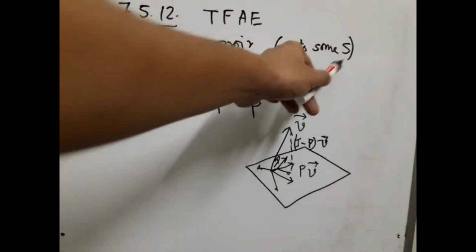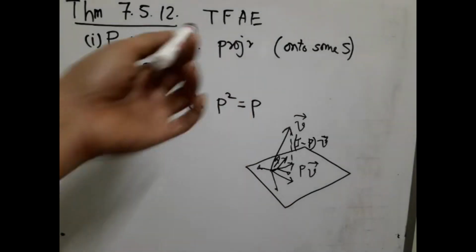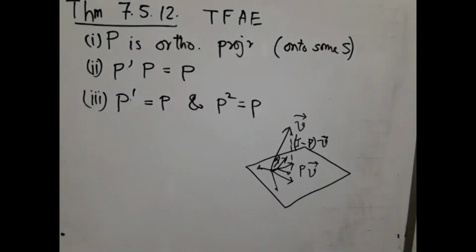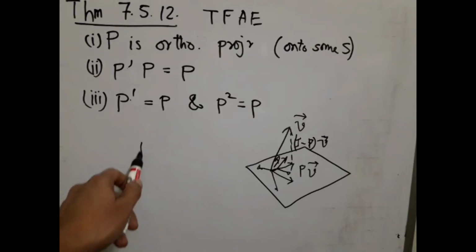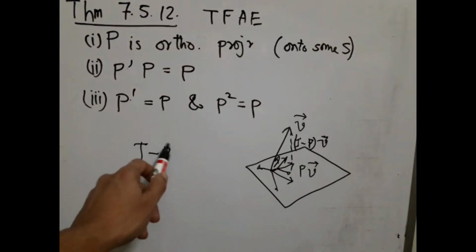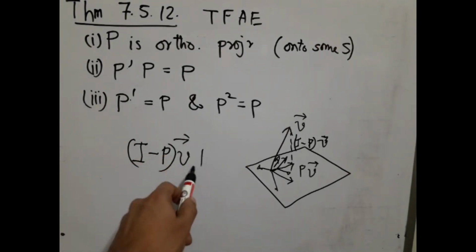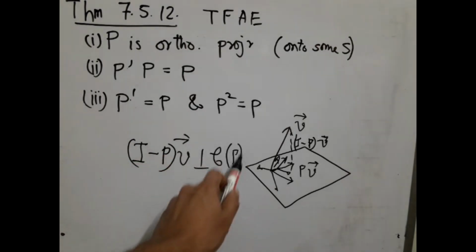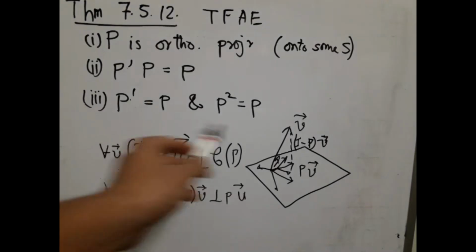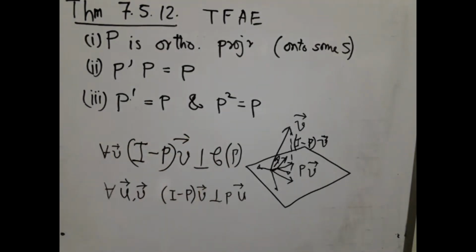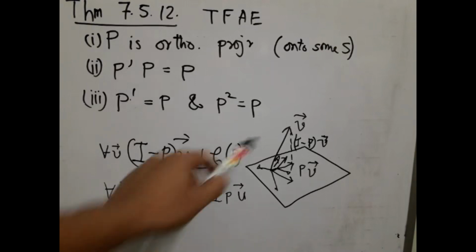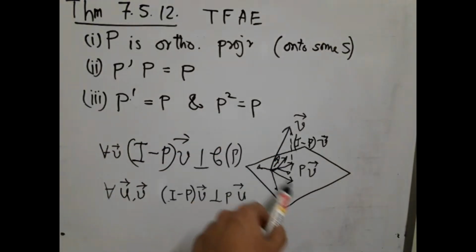Because no one has specified an S, I know that the screen must be column space of P, which means if I take (I minus P)V, then it must be orthogonal to column space of P. Of course, this must hold for all V, and a typical element of column space of P is of the form P times U.